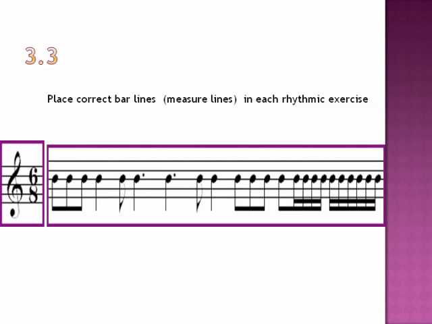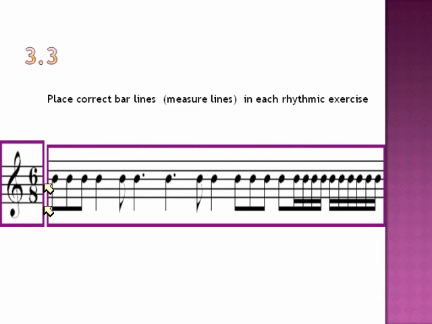3.3 is one that you will turn in. And in 3.3, you are going to be placing the correct bar lines, or call the measure line, in each rhythmic exercise. I gave you one here that's not in the 4/4 time to use as an example. This is 6/8 time. Remembering back, the top number always means how many beats are in a measure, and the bottom number means what kind of a note is getting one beat.